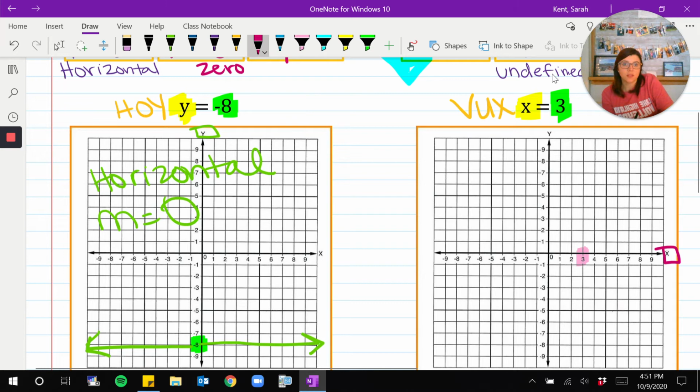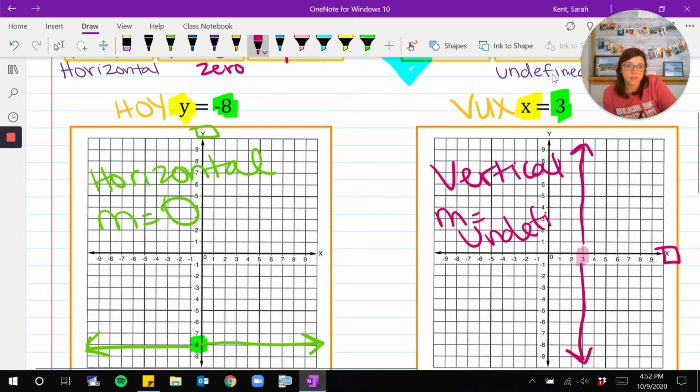Then my line is going to be vertical. So I'm going to go up from the 3 and down from the 3. So here I have a vertical line where the slope is undefined. So we've got horizontal, slope is 0, vertical, slope is undefined.